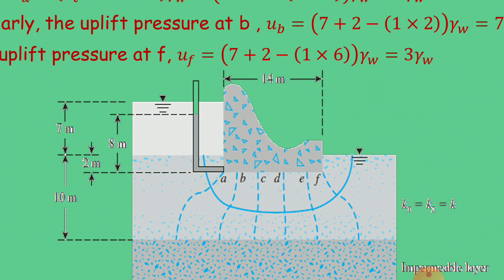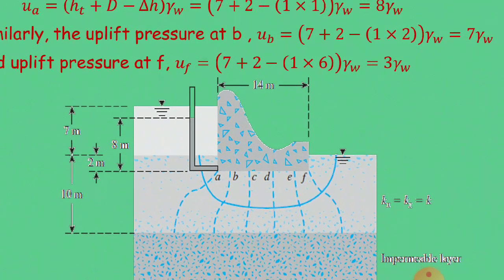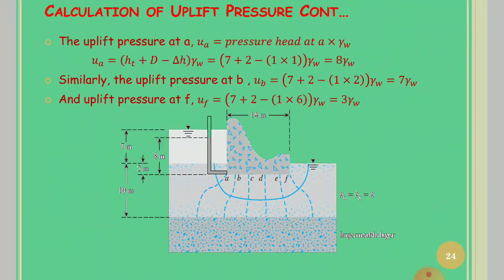And head loss will be the head loss for each potential drop multiplied by the number of potential drops up to point A. So here head loss will be 1 into 1, that is 1 meter for point A. So the pressure head at point A will be 7 plus 2 minus 1, that is 8 meter. Therefore, uplift pressure at A is equal to 8 gamma W.